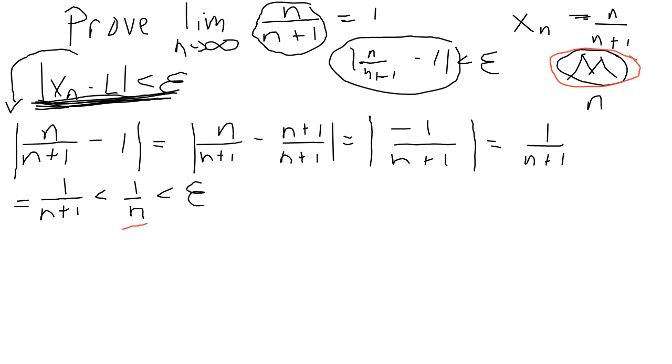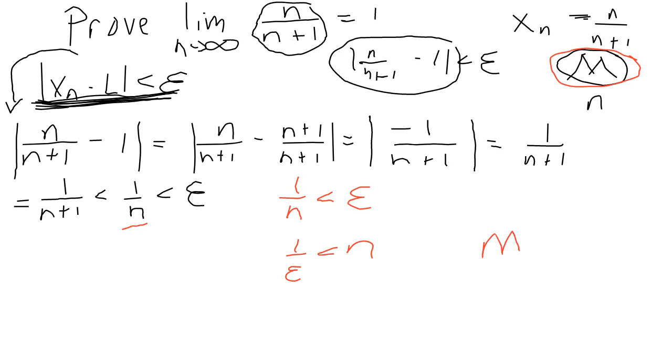So all we have to do right there is solve for n. Since 1 over n is less than epsilon, multiply both sides by n and then divide by epsilon, and we're going to get 1 over epsilon is less than n. That n is our m.